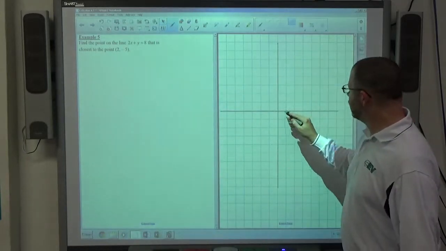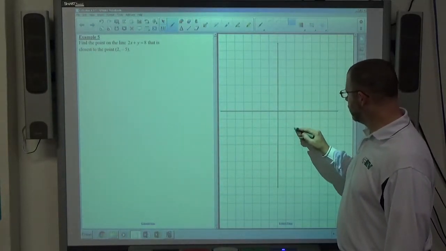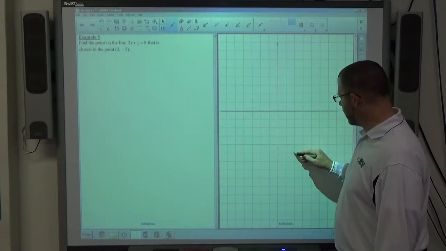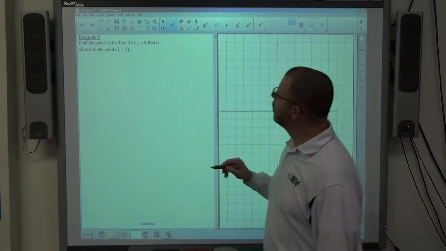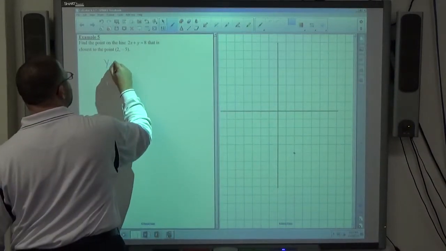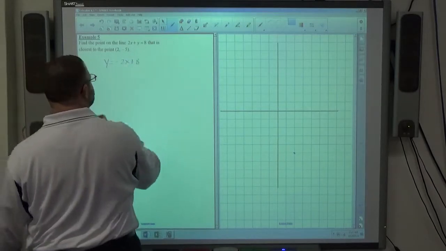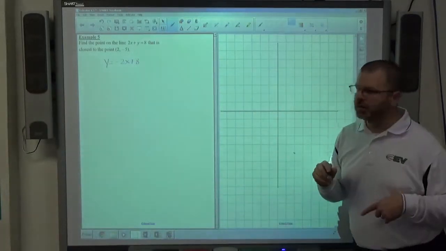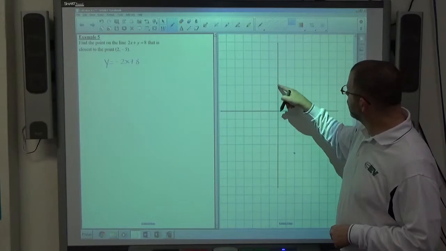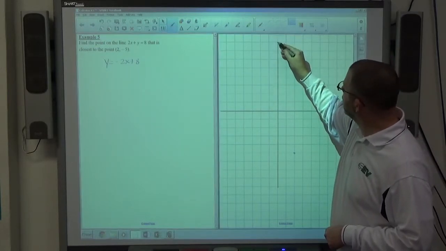So if we take a look at (2, -5), first of all, 1, 2, 1, 2, 3, 4, 5. That's the point (2, -5). And then we have the line y equals negative 2x plus 8, right? You move the 2x over, change the sign. Plus 8, 1, 2, 3, 4, 5, 6, 7, perfect, 8.